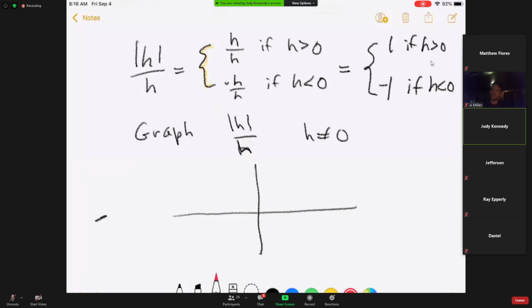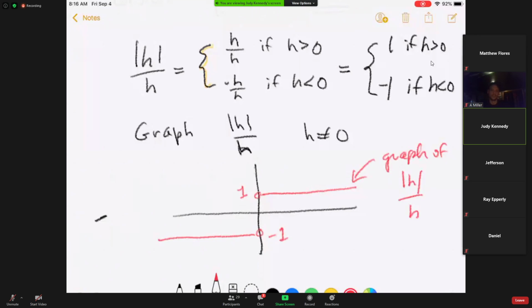And let's see, maybe I'll put the graph in red. So you get 1 for h greater than 0, and then there's a hole down here too, and minus 1 when h is less than 0. So there's the graph of the absolute value of h over h.